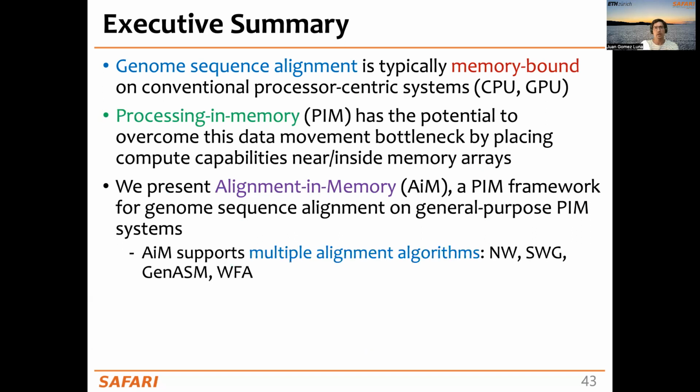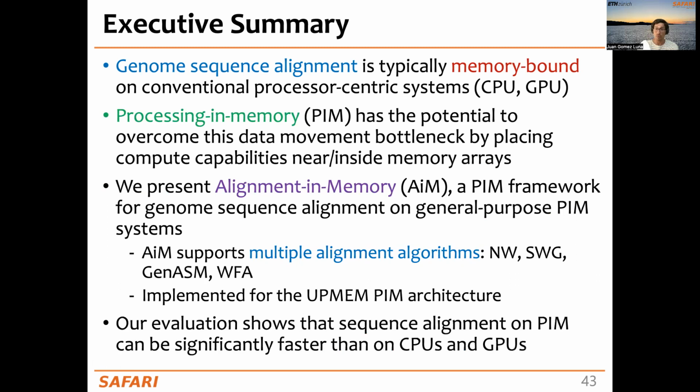This alignment in memory framework supports multiple alignment algorithms such as NW, SWG, GenASM, and WFA, and it's implemented for the UPMEM PIM architecture. In our evaluation, as we have seen, the main conclusion is that PIM is really promising for sequence alignment and has good potential to be significantly faster than CPUs and GPUs for these algorithms.